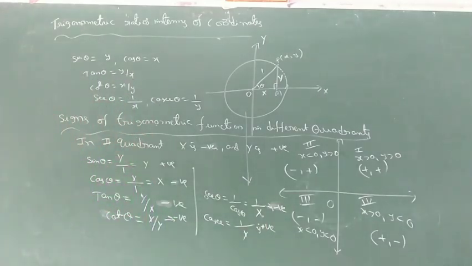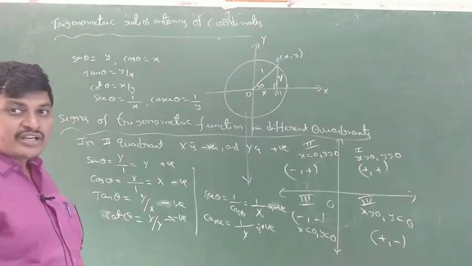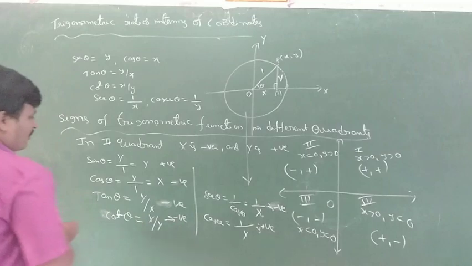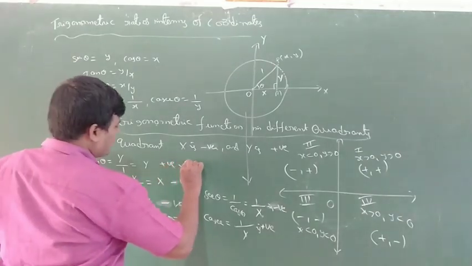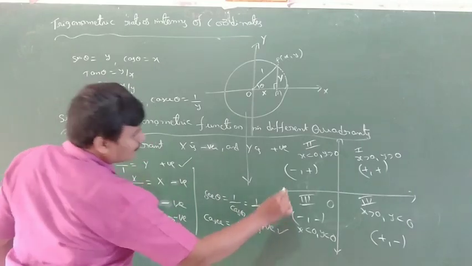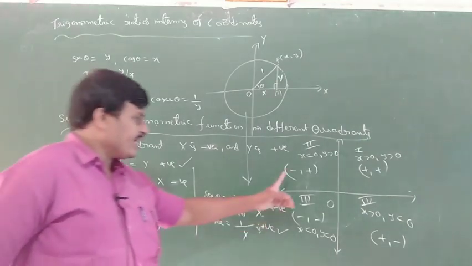So what is the final result? In the second quadrant, which functions are positive and which are negative? Sine and cosecant are positive in the second quadrant.